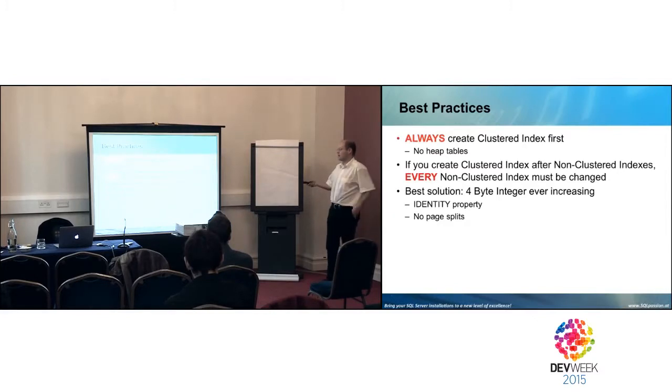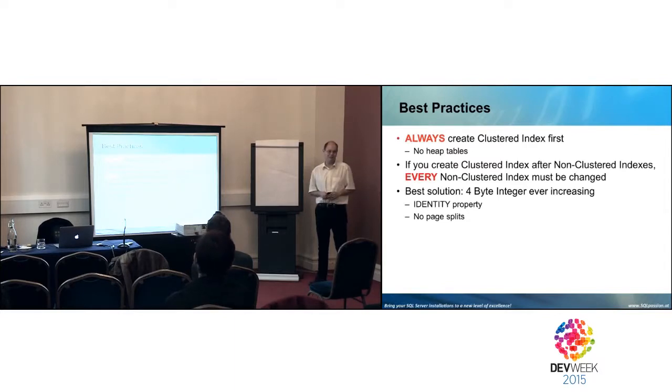When you say, okay, my 4-byte integer is too small for me because I have more than 2 billion records, take a bigint. 8 bytes. Still a space saving of 100% compared to the 16-byte long unique identifier value. Okay?